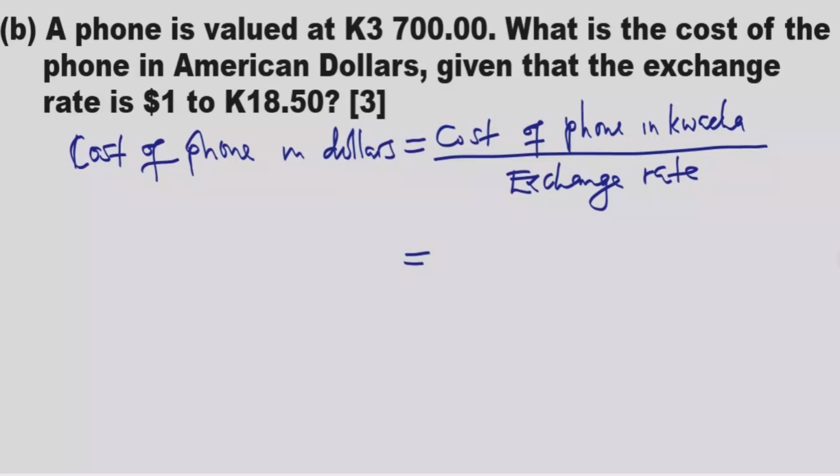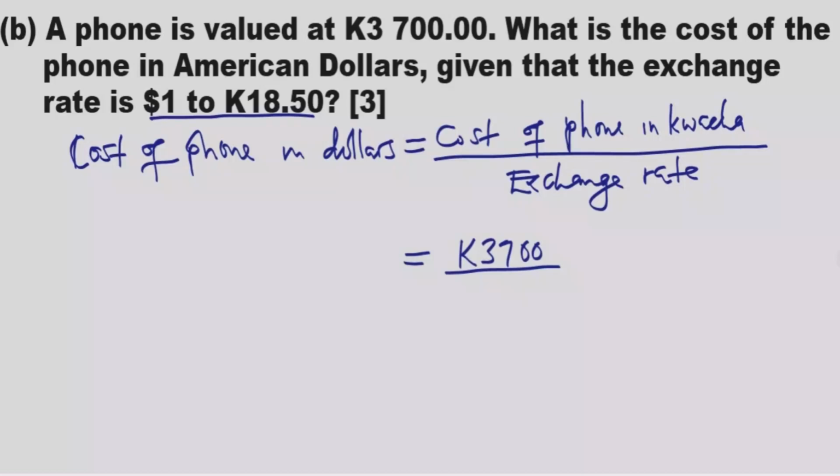That is 3,700 kwacha. Okay, so how much is the exchange rate for $1? What is the exchange rate? So the exchange rate we're given here is $1 to 18 kwacha 15 ngwe.